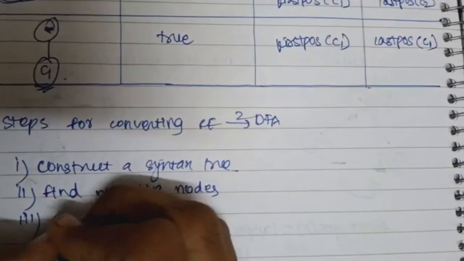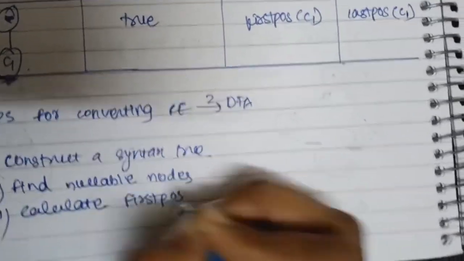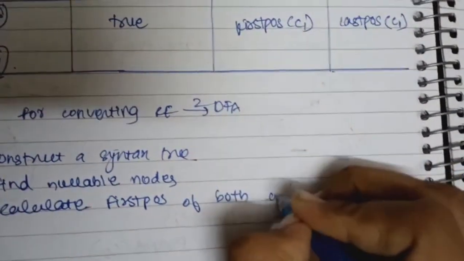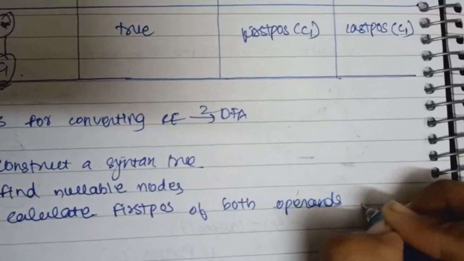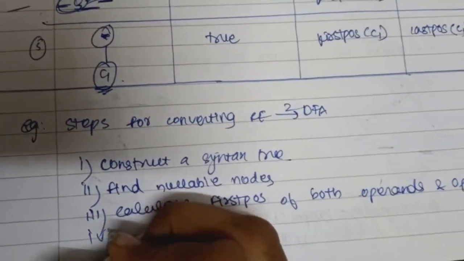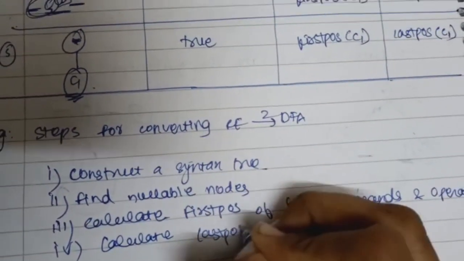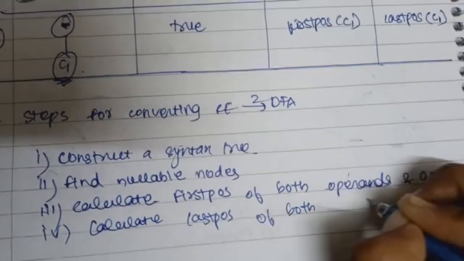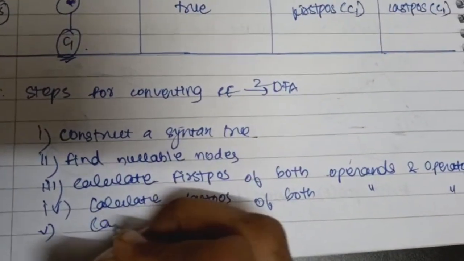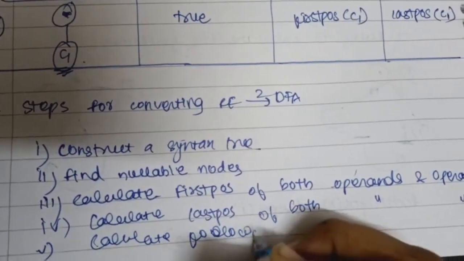In the third step, you need to calculate the first position of both operands and operators. Similarly, in the fourth step, you need to calculate the last position of both operands and operators. In the fifth step, you need to calculate the follow position of all the nodes.